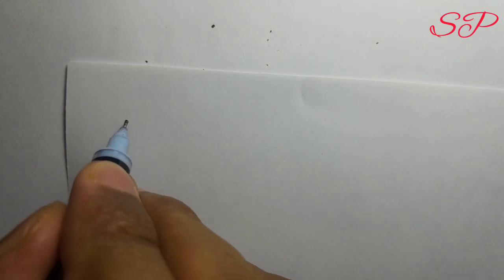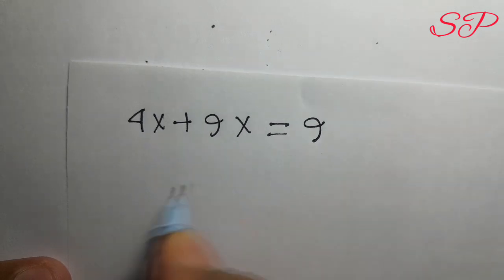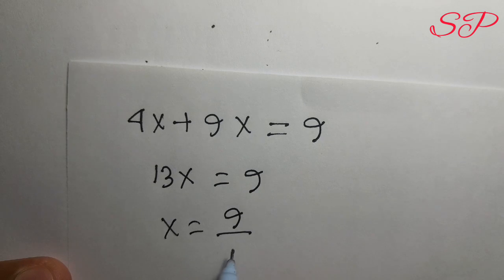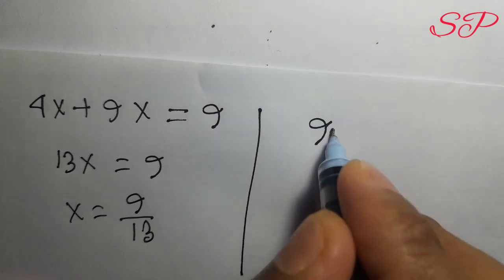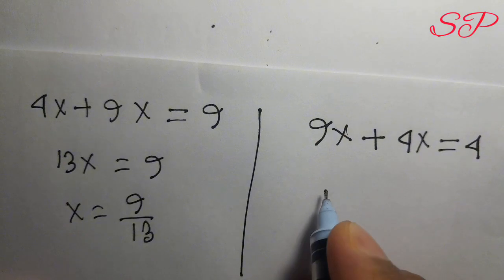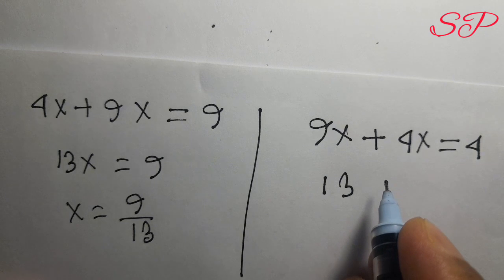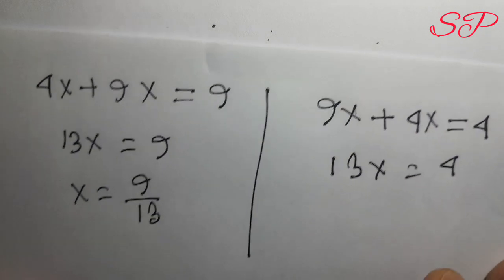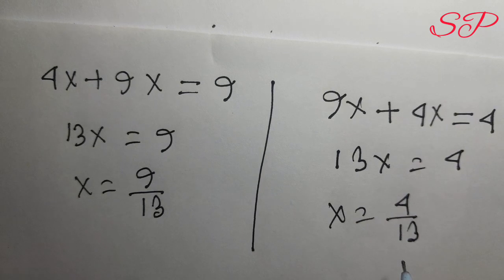Okay, 4x plus 9x is equal to 9. Here 13x is equal to 9, so x is 9 by 13. And 9x plus 4x is equal to 4, 13x is equal to 4, and x is equal to 4 by 13.